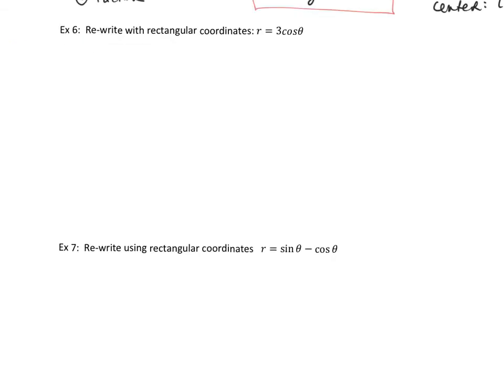All right, so here, because it's cosine, it opens along the horizontal, and it will end at 3. So it's a circle, and it's centered at 3/2.